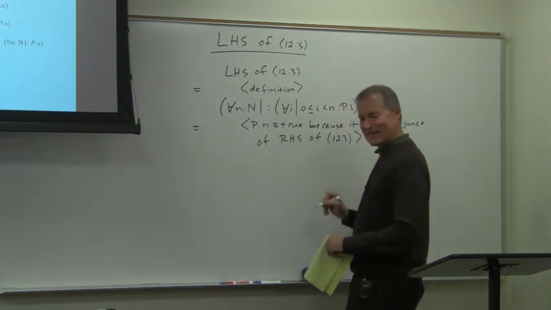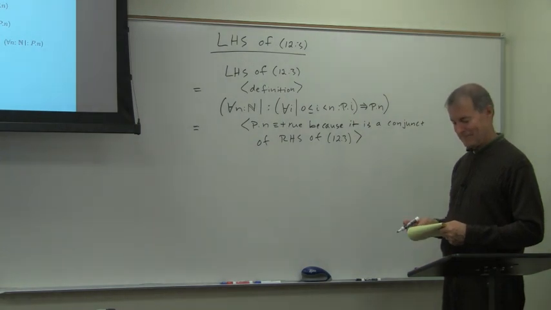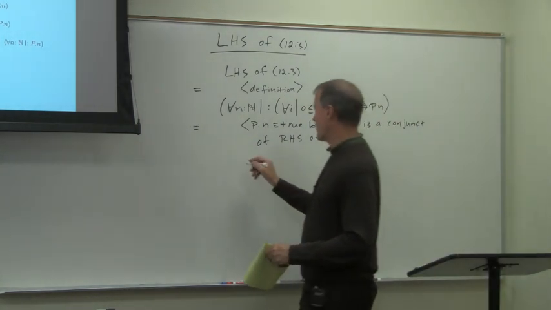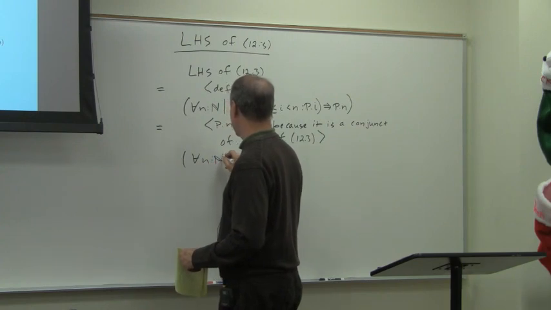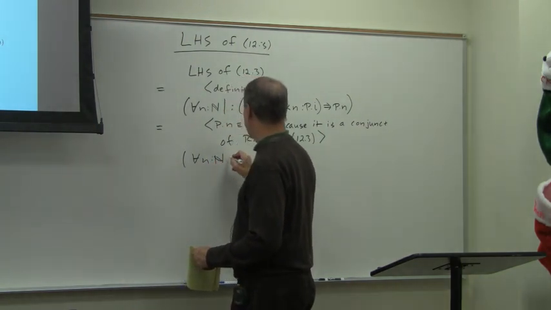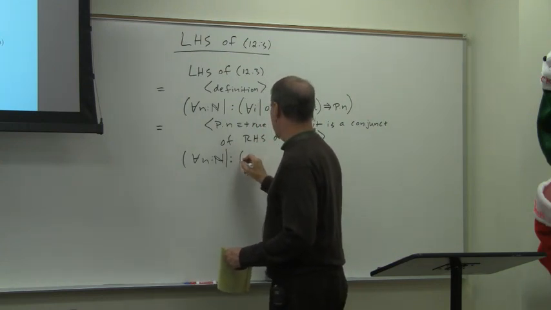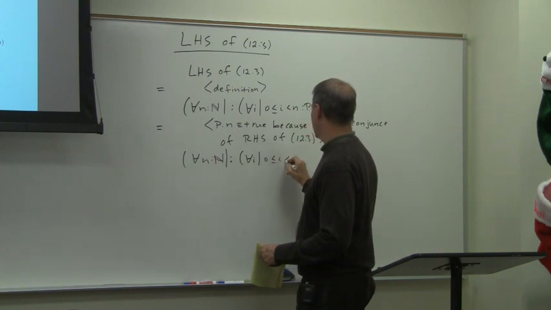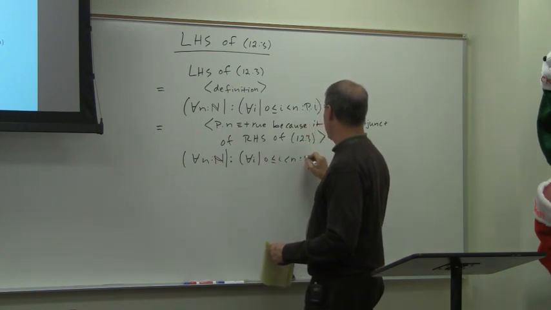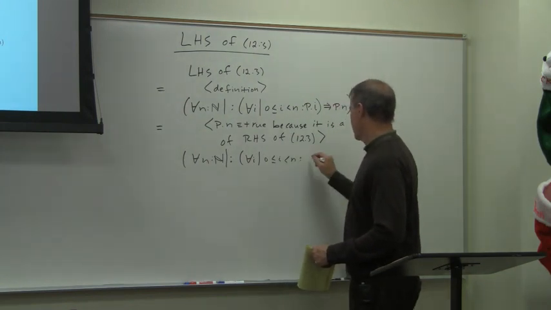That was brilliant. Good observation. Okay? So therefore, what do we have? For all n of type natural number, range true, body: for all i, range 0 less than or equal to i less than n, body p.i implies true.